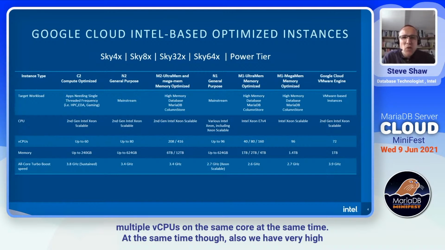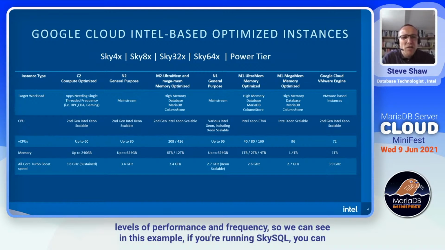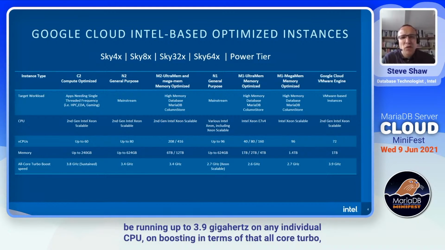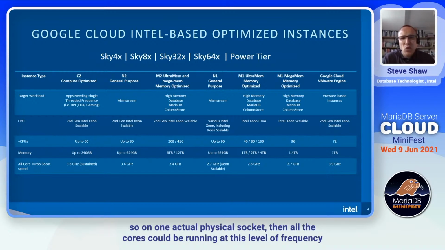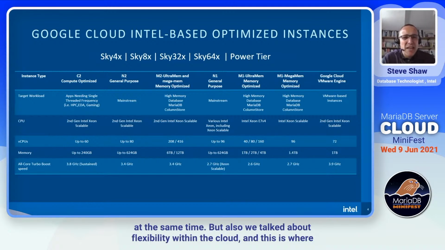We also have very high levels of performance and frequency. In this example, if you're running SkySQL, you can be running up to 3.9 gigahertz on any individual CPU, boosting in terms of that all-core turbo. So on one physical socket, all the cores could be running at this level of frequency at the same time.